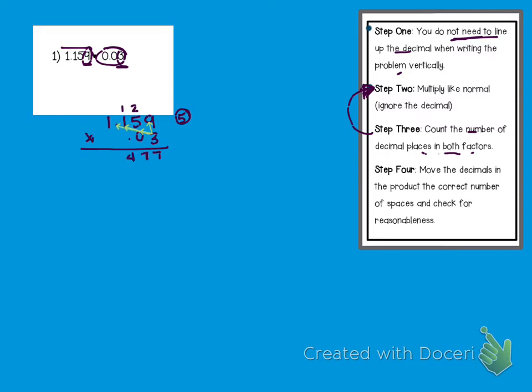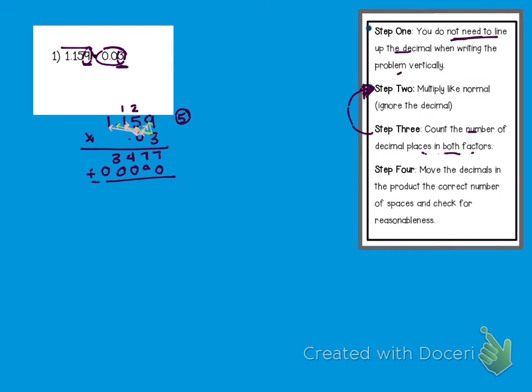Then we have a 3 times 1, which is 3. Add a 0 for place value. Okay. So now we have a 0 times 9, which is 0. A 0 times 5, which is 0. 0 times 1, which is 0. And a 0 times 1, which is 0.